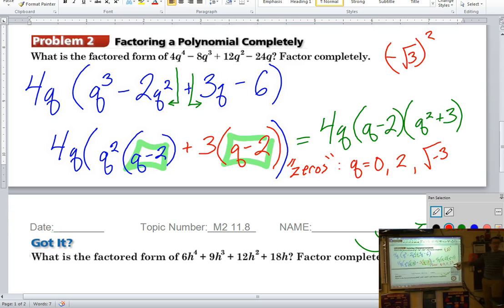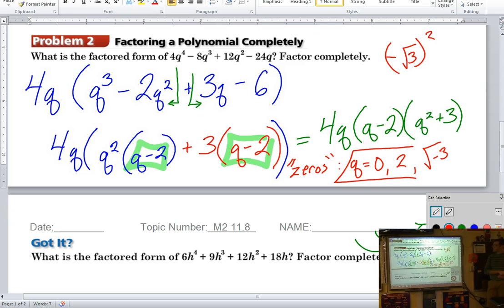Even though you can't take the square root of a negative number, that's not what we're doing. We're not trying to solve this. We're saying when squared, it would be negative 3. So this right now utilizes the imaginary number because you can't do a square root of a negative. Don't think too much about this right now, but two easy zeros that we found are 0 and 2. Don't worry too much about the imaginary number yet.